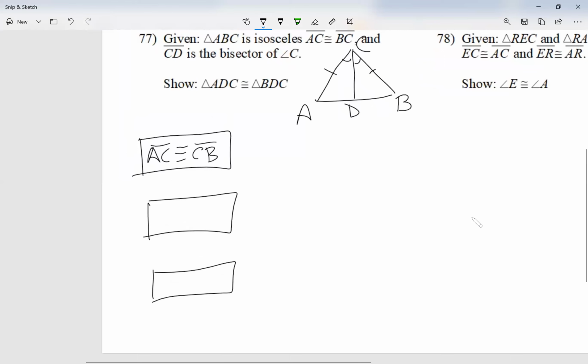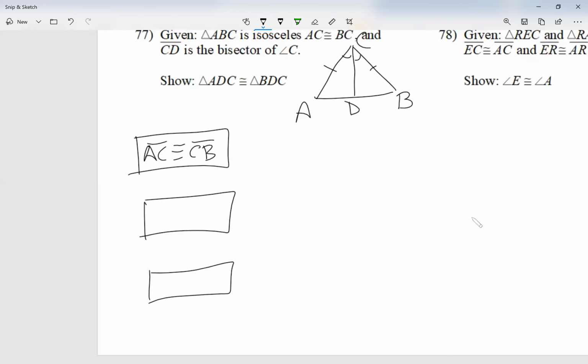I'm also going to say that angle ACD is congruent to angle BCD. And then I'm also going to say that side CD is congruent to side CD. Okay, so I'm going to write these things down.